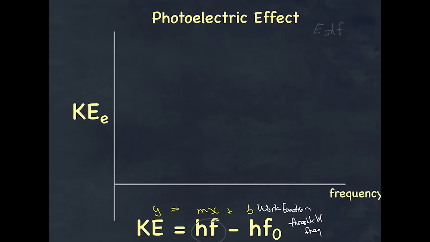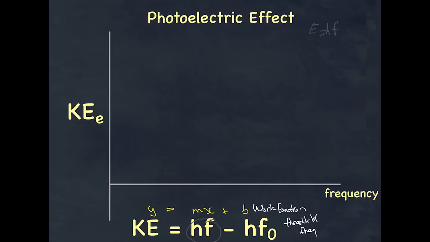And if we work that out and graph that, what we get is a graph that looks something like this. What's happening there is that this point here represents that threshold frequency. The slope here can clearly be seen as equal to h, which is Planck's constant.